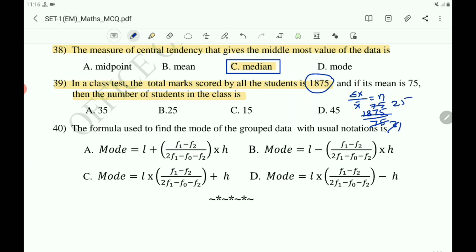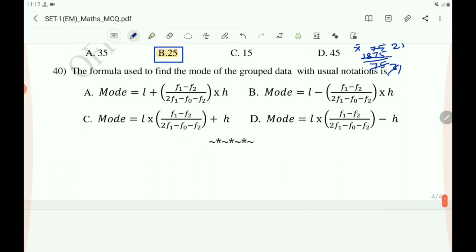Then option B is the answer. What is the answer? Option B. So you must divide it quickly and make out the answer easily. Next, the last question, the 40th question. What is that 40th question?